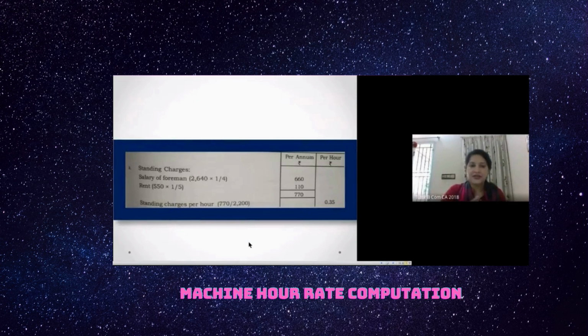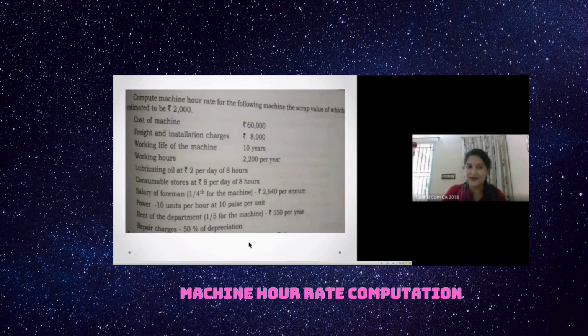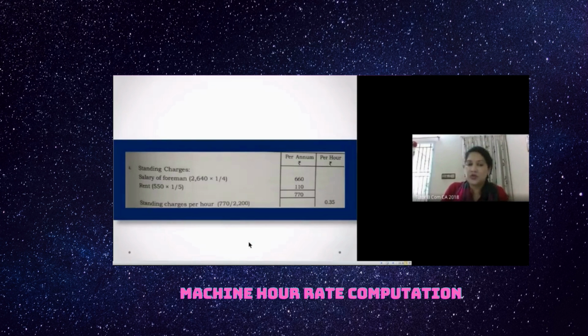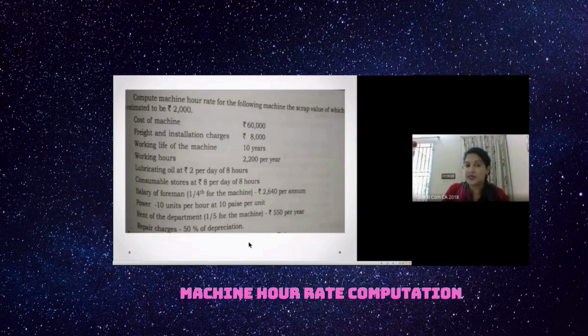See, standing charges, there were only 2 standing charges, which we know. The salary of the foreman, which was given in the question, is 1/4 of 2,640 per annum. So we computed 2,640 into 1/4, which gave us 660. Rent, which was given in the question, is 1/5 for this particular machine which we are computing.